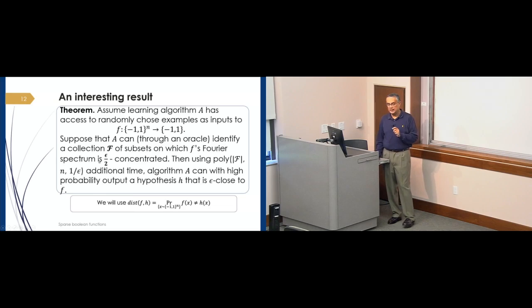If you remember, I said we'll use epsilon by 2 for technical reasons. Then using time that's polynomial in the size of F, n, and 1 over epsilon, that's the extra time beyond consulting the oracle and getting the examples, algorithm A can with high probability output h that is epsilon close to f. And our concept of error or quality will be based on this distance function. Okay? So that's the theorem we are trying to prove.